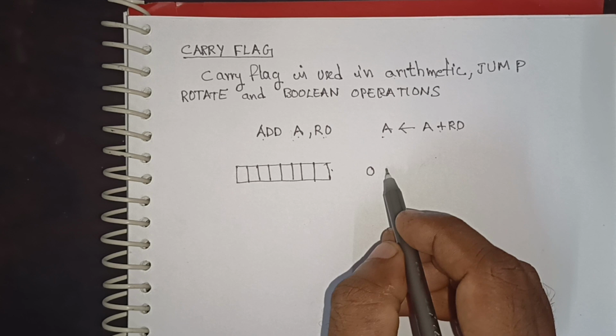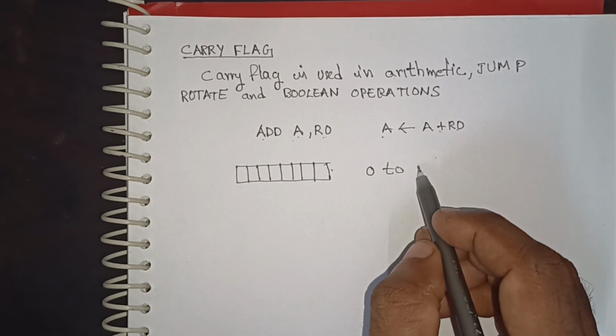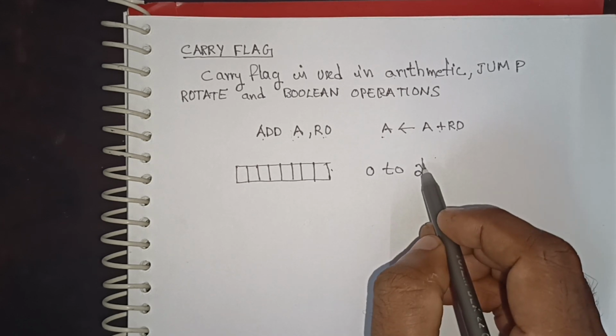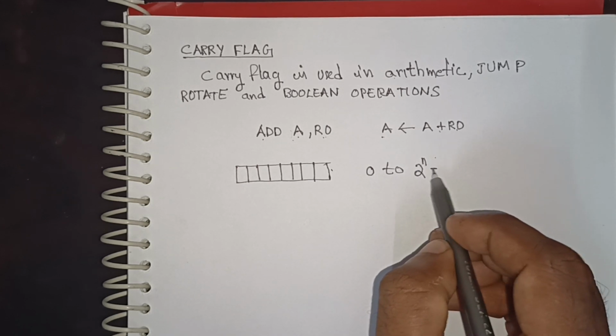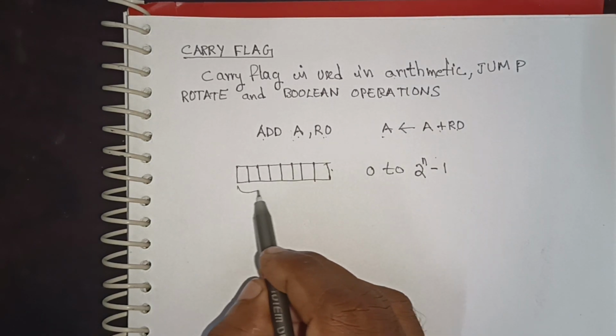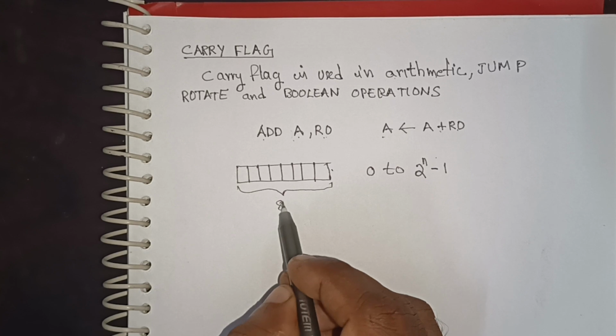The range of positive numbers is 0 to 2 raised to n minus 1, where n is the number of bits. What is the number of bits? 8.